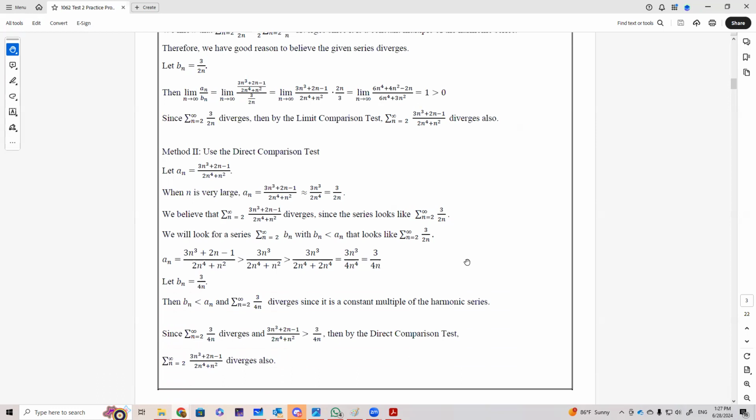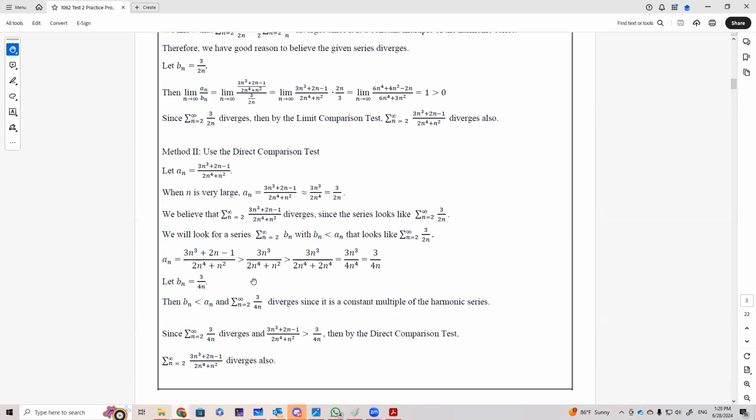But then we have to look for that series. And so we kind of have to claim that this is bigger than this, and then that this is going to be bigger than this. And so at the end of the day, we divide that out and we get this inequality where this final series is bigger than the series 1 over n. And so by direct comparison, we can also prove divergence.